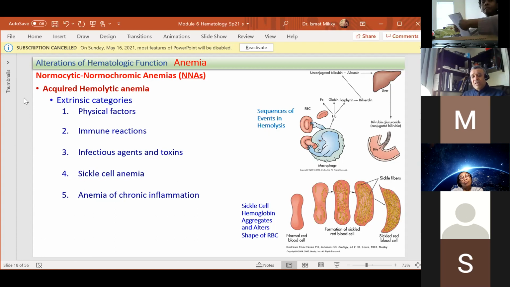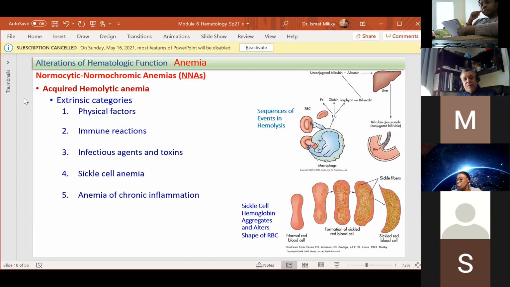And we have also the anemia of chronic inflammation. When we say chronic inflammation, an example of that would be patients with end-stage disease, and it can be mild to moderate anemia. Patients with chronic liver disease.